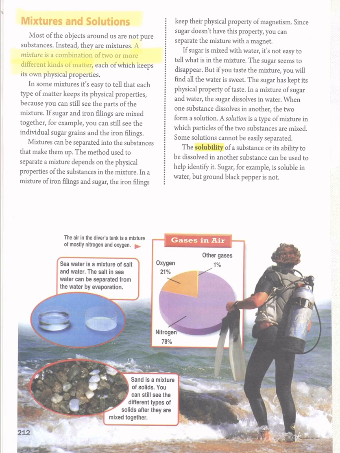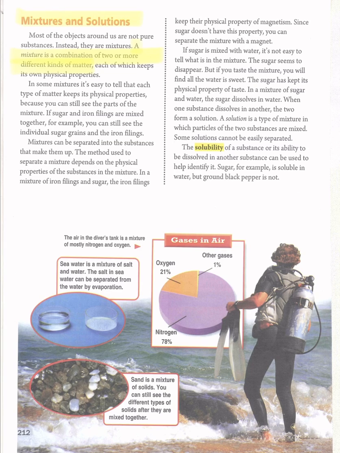For example, when you make a salad, you need what? Tomatoes and also cucumber and onion. Those things you have to mix with each other. When you mix them, it produces a mixture. Why can we say it's a mixture?